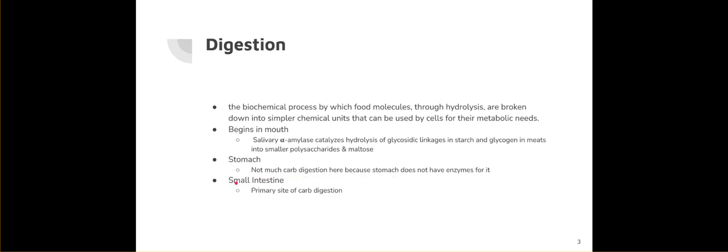The primary site is in the small intestine. So these smaller polysaccharides and maltose get shunted into your small intestine, and that's where it primarily happens.